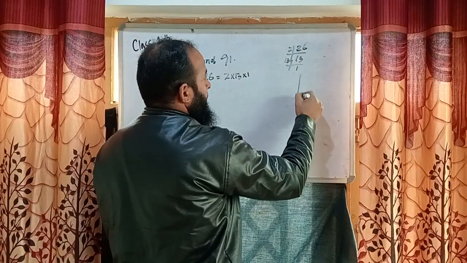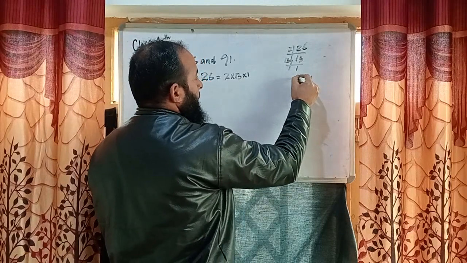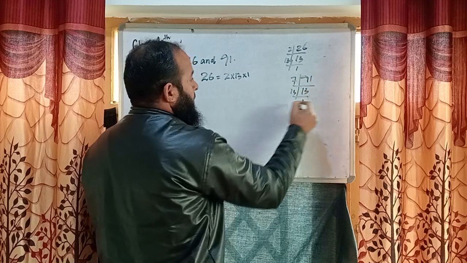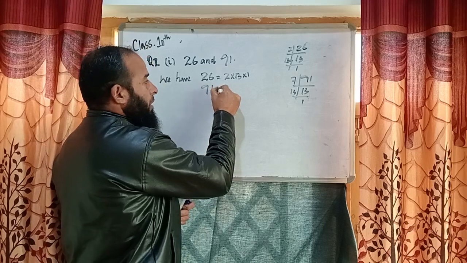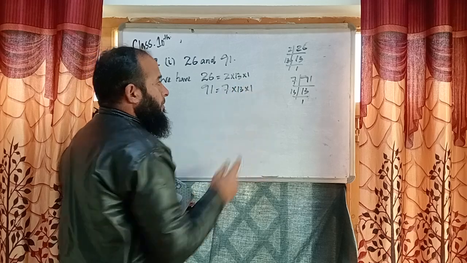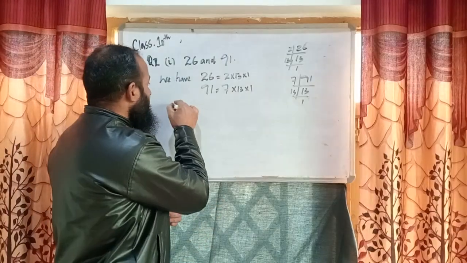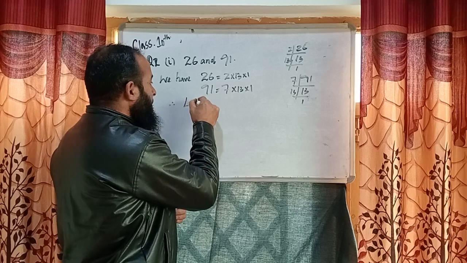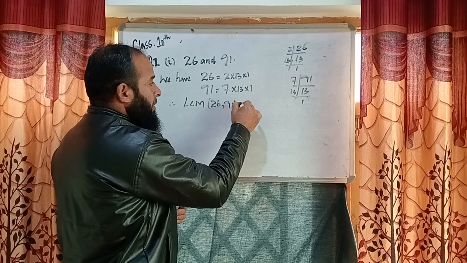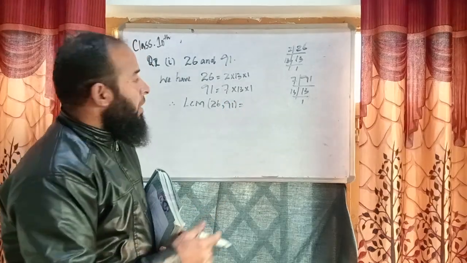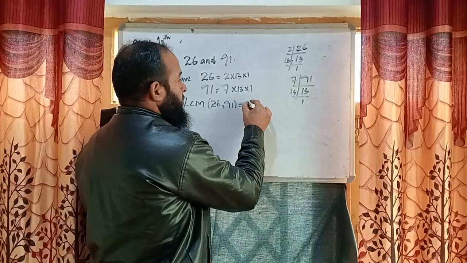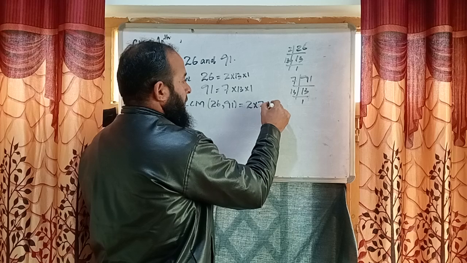And 91 can be written as 7 into 13, and 13 into 1. Therefore, the LCM of 26 and 91, the least or lowest common multiple, is 2 into 7 into 13.